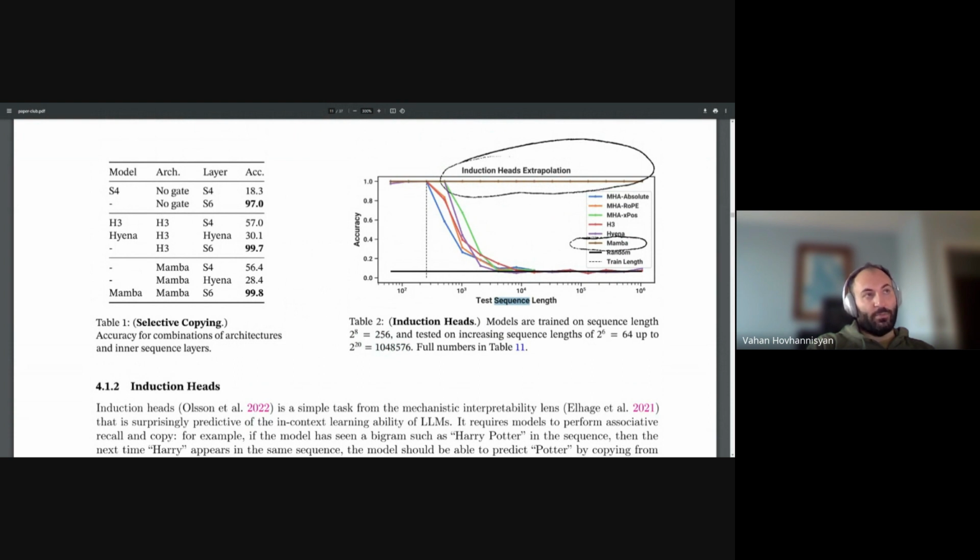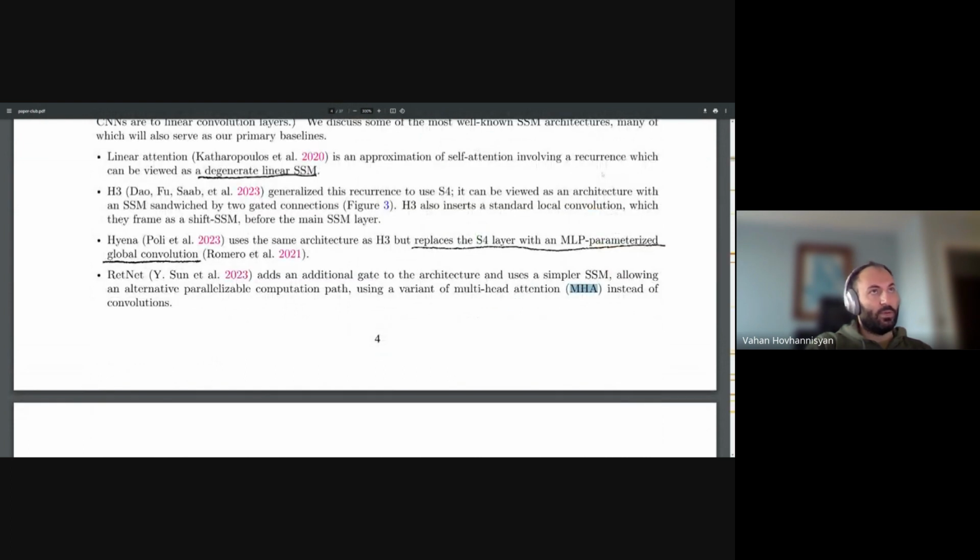At some point they all drop, except for Mamba, which keeps perfect performance for all sequence lengths. So there are no transformers here, by the way. Oh wait, no. RoPE. This is a transformer, I think. What's MHA? Let's have a quick look. Oh yeah, this is multi-head attention.